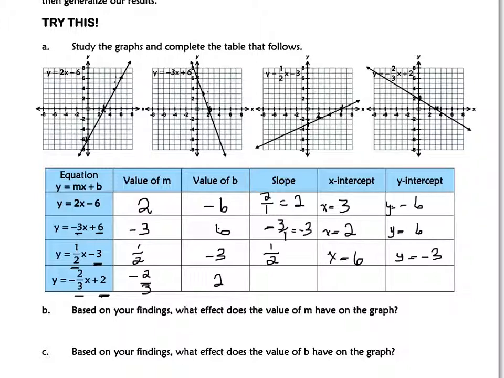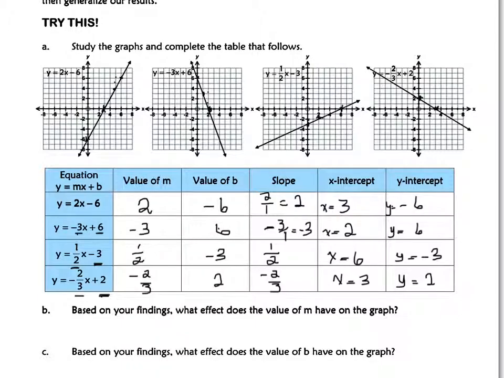We go down 2 and left 3, so that would be a negative direction over a negative direction, so that would be -2 over 3 slope. The x-intercept is crossing the x-axis at x equals 3. And the y-intercept is crossing the y-axis at y equals 2.